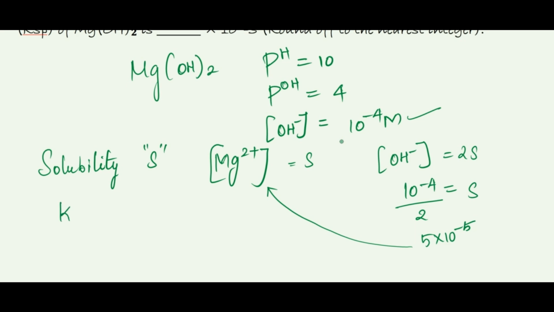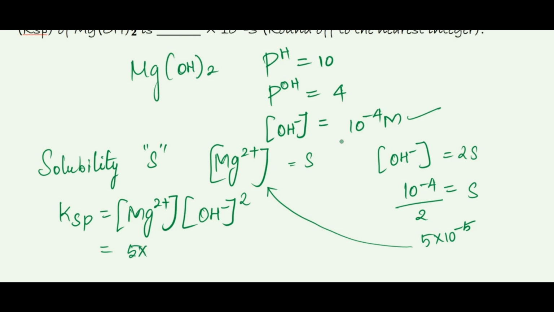So Ksp is equal to the concentration of magnesium ion times the OH minus concentration squared.